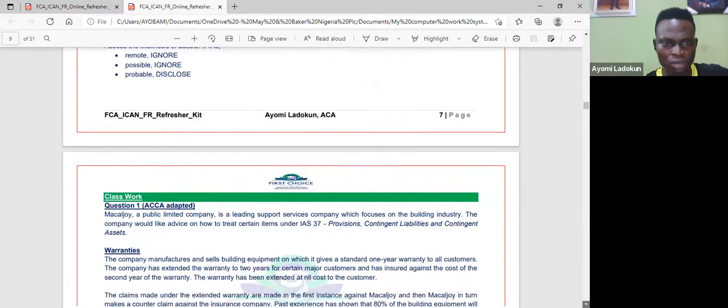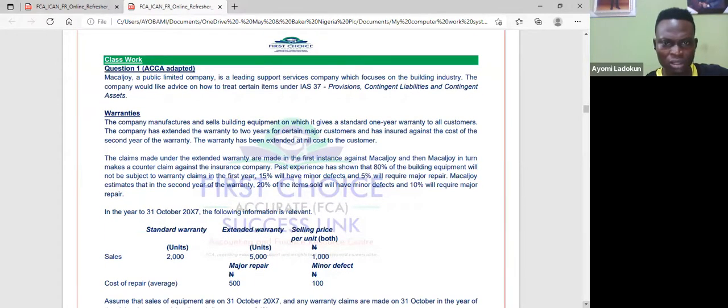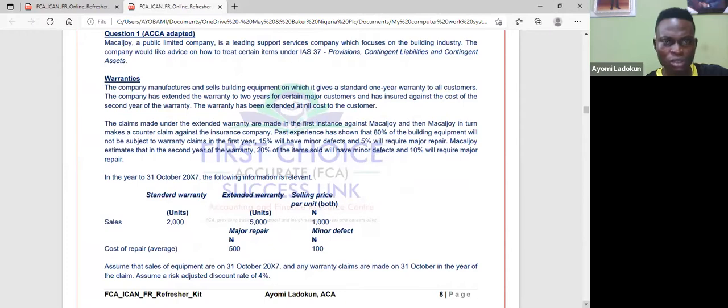Okay, so let's look at this question. I think I should solve this question. Let me see whether I have it on my printed material here. Oh, okay, we are on IAS 37. Let me see, so that I can go to the marker board and work it out rather than just explaining from here.